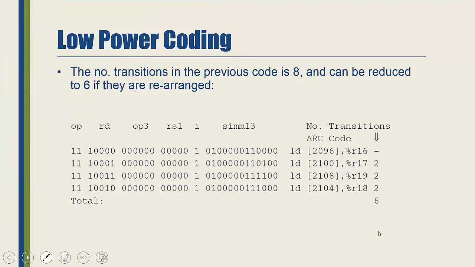But this total of 8 bit changes can be reduced to 6 if we rearrange them. Remember the 4 load instructions just now, they are all independent from each other. We just swap the last 2 instructions. Instead of having register 16, 17, 18, and 19, we do the one involving register 19 first and then 18. You can see there's no change here because we didn't swap. 1 bit change, 2 bit changes from instruction 1 to 2.